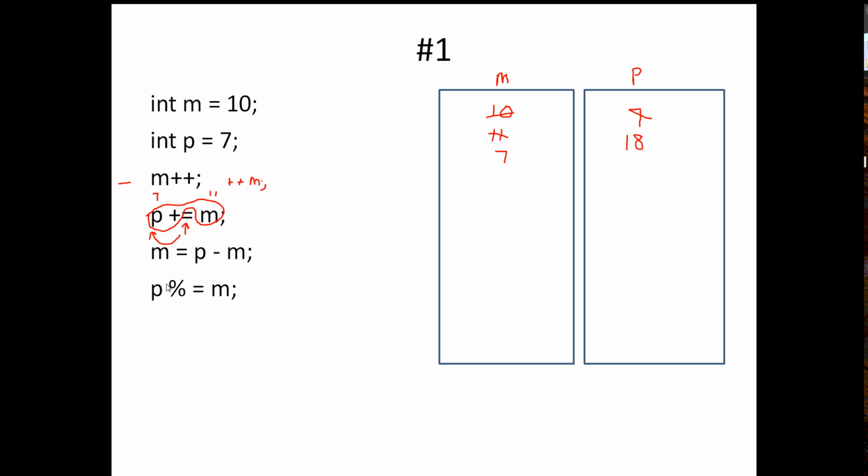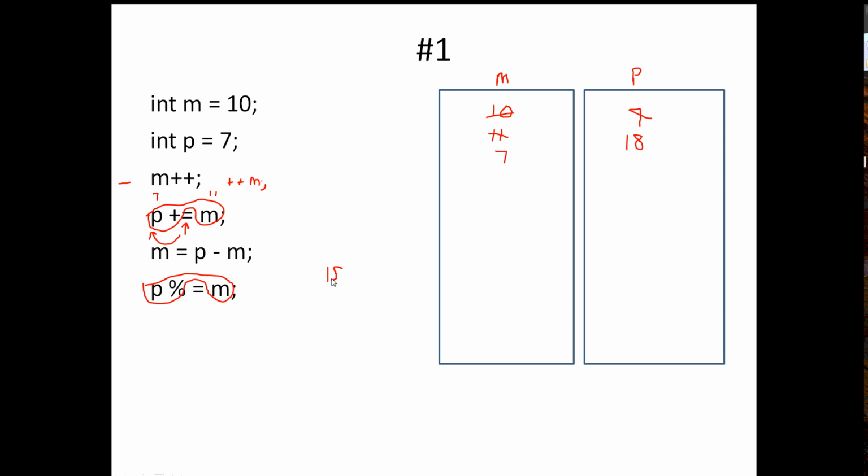The next line down is P modulus equals M. We're going to do the modulus first because it shows up first, and then it will do the assignment after that. And so P modulus M would be 18 modulus 7.